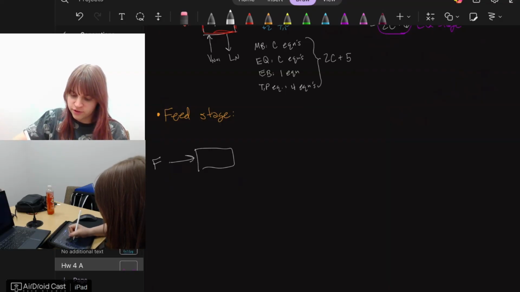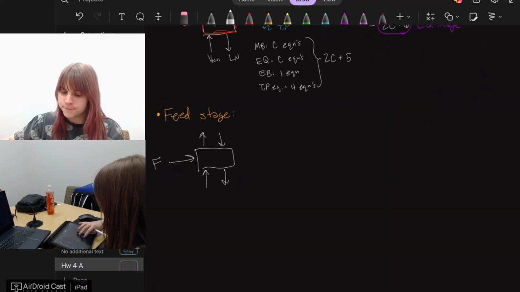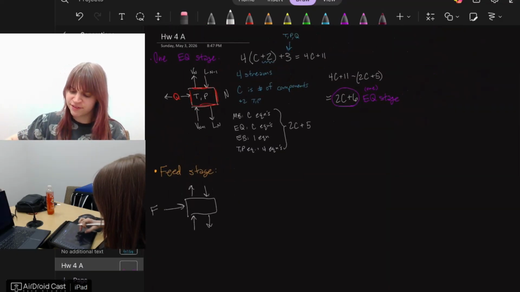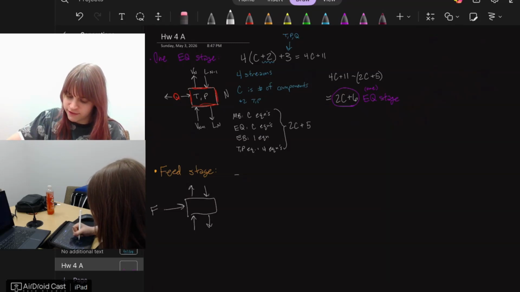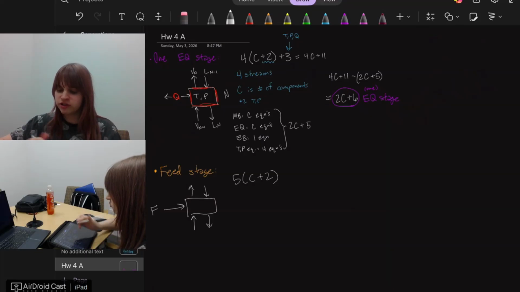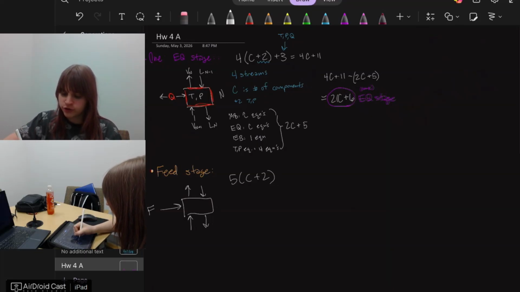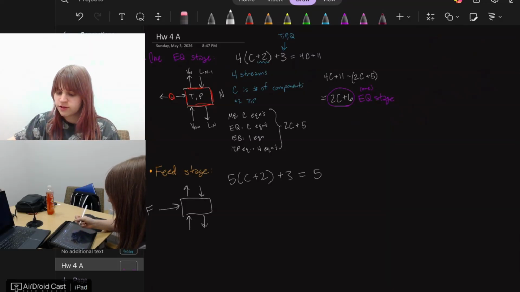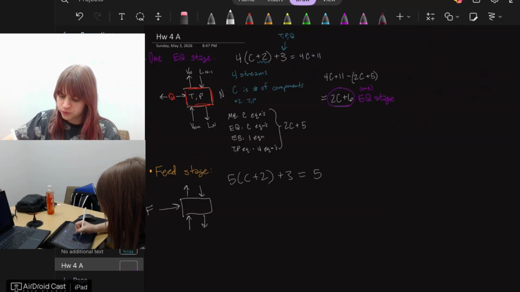We still have those same flows, but now because of that feed, we have 5 streams. So we would have 5 times C plus 2. We still have the temperature, pressure, and heat transfer, so plus 3. And then instead of 4C plus 11, we get 5C plus 13.